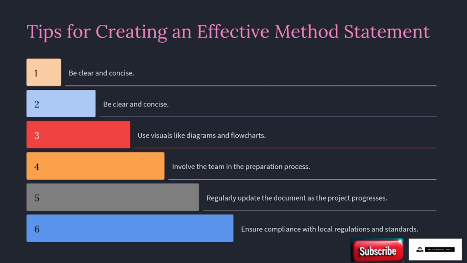First, be clear in your mind, before preparing the method statement, about what you are going to perform and what you are going to install first. From the beginning of the project, it is not necessary to do everything at the same time.